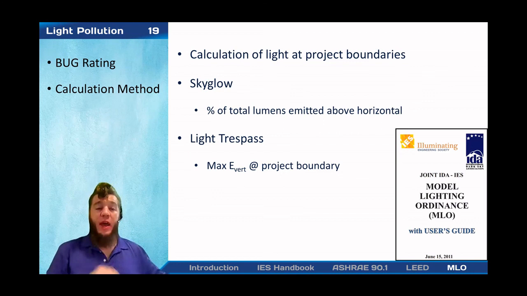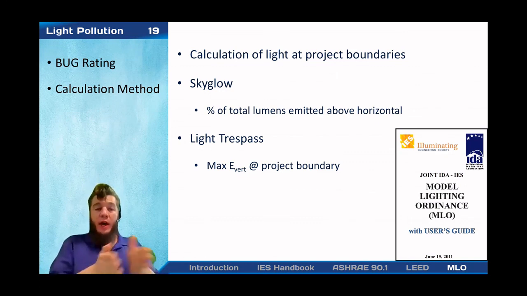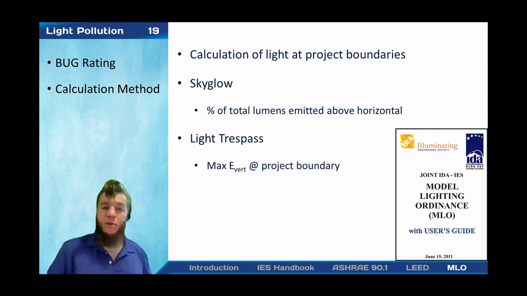And then for light trespass, we're calculating the vertical illuminance. Not the horizontal illuminance, but the vertical illuminance on an imaginary plane at the project boundary, right? That's how much light we are shining into our neighbor's yard.